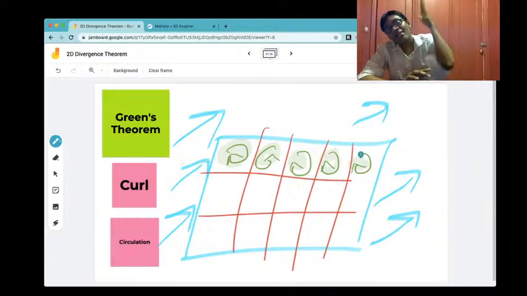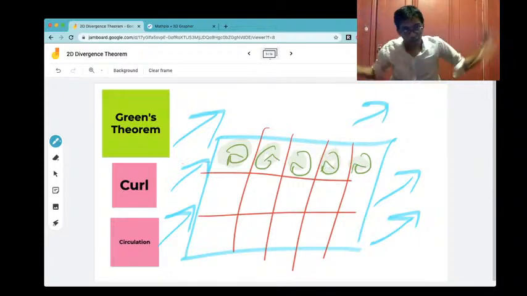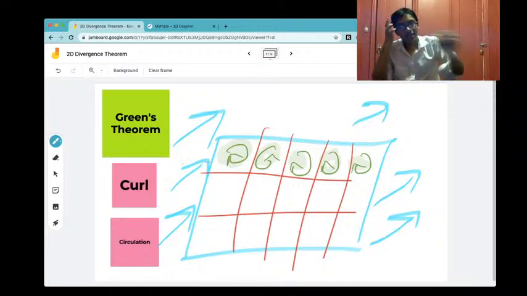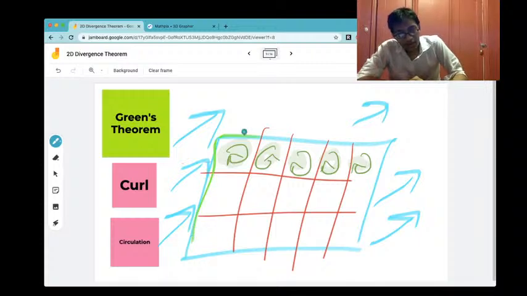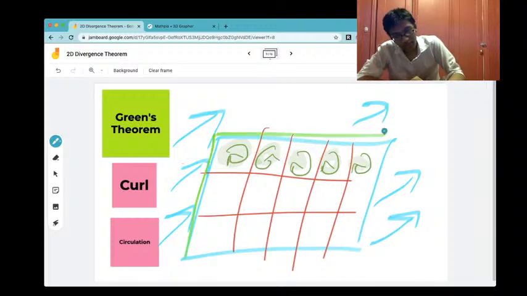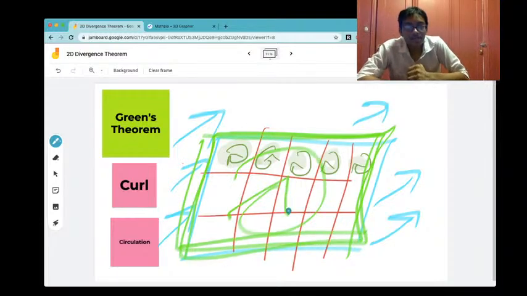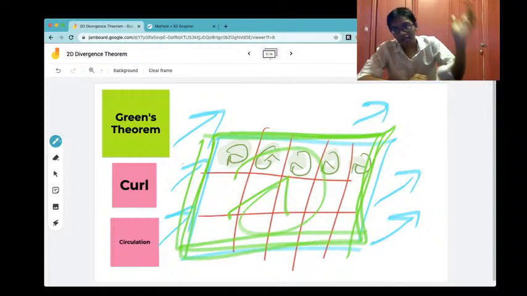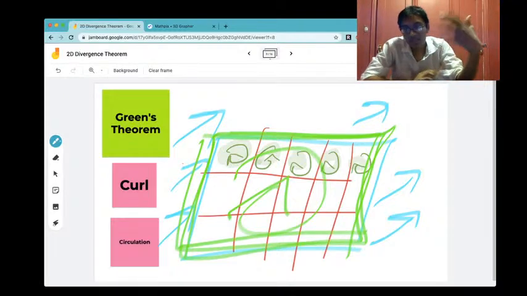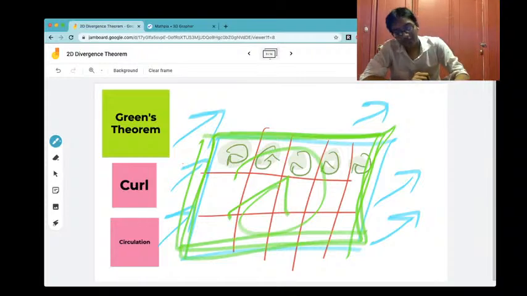And it turns out that the total circulation of all of these infinitesimally small spaces is actually going to be equal to the curl of the entire region, right? So that's basically what Green's theorem says. And you know, we could unpack the mathematical notation and all of that, but here I just want to give you the intuition for all of this.